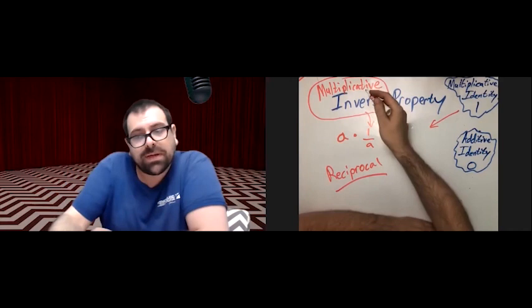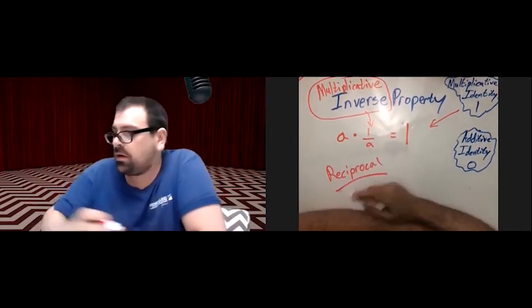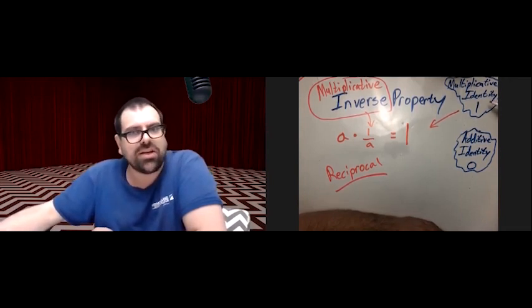It's called the multiplicative inverse because it is the number that you can multiply by a number that brings you to the multiplicative identity. And what does that mean? It's the number that you can multiply anything by that doesn't change it, that gives you itself.